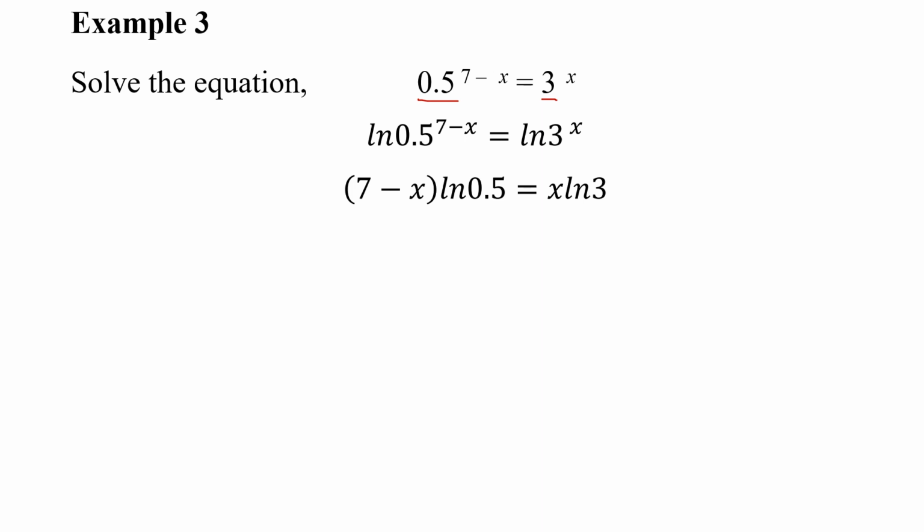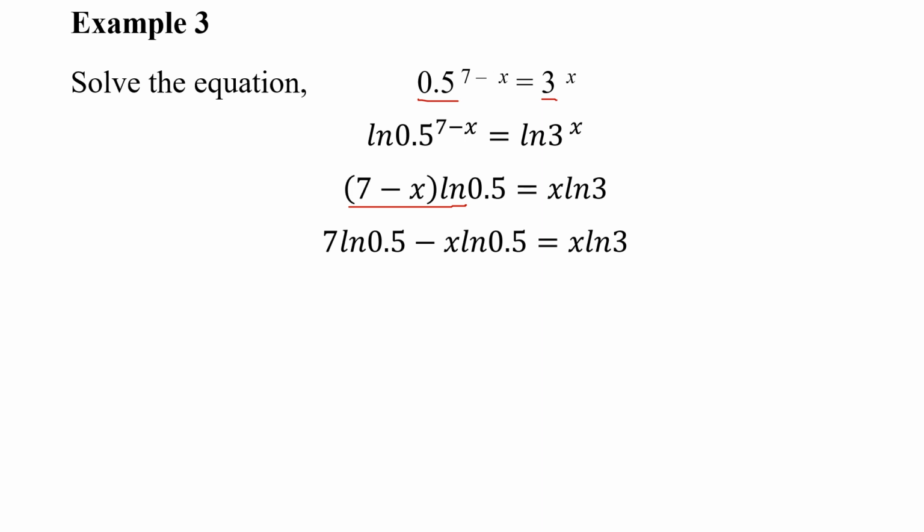Let's remove the brackets on the left hand side here. This is now 7 log 0.5 minus x log 0.5, but it's still log to base e, so it's x ln 0.5, which is equal to x ln 3.